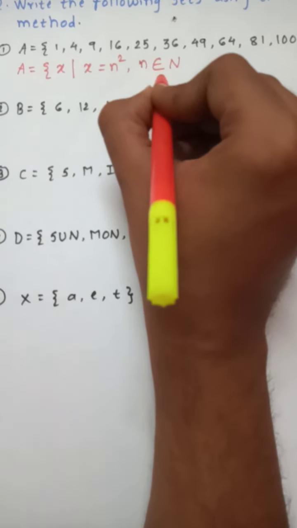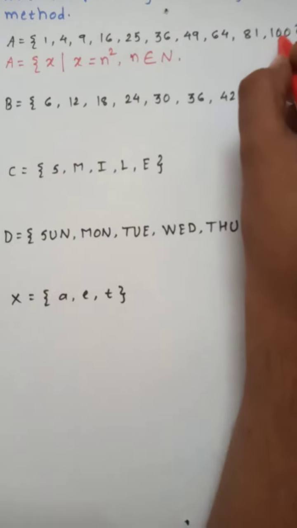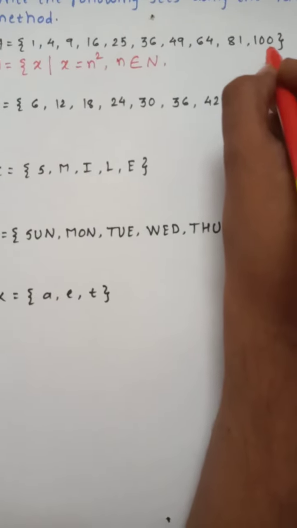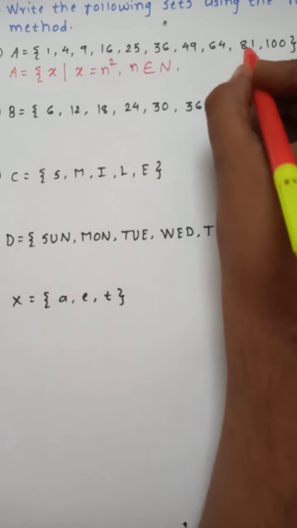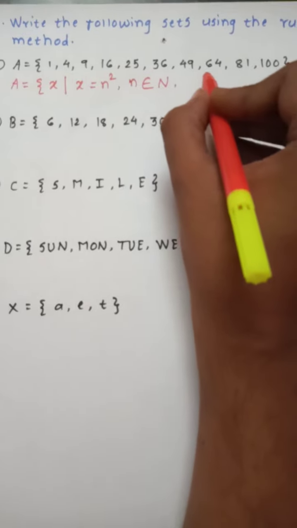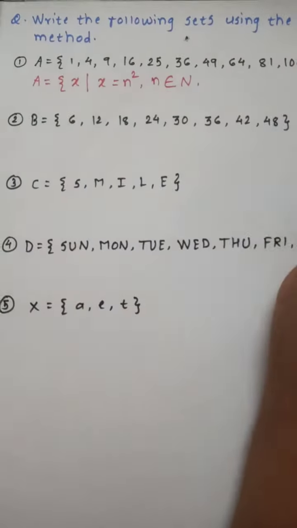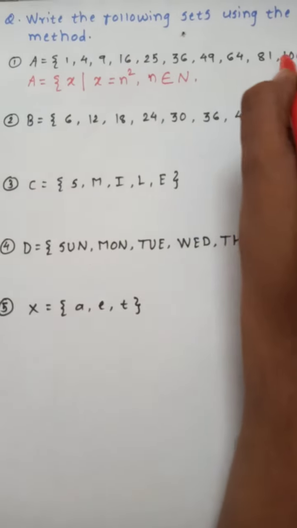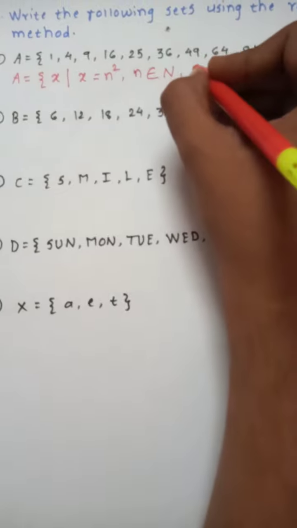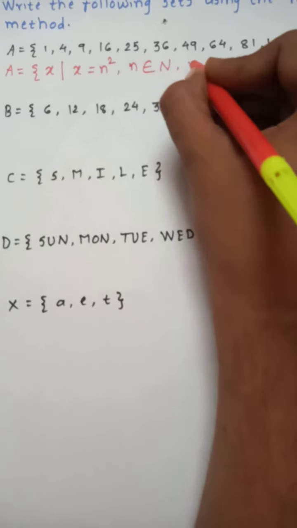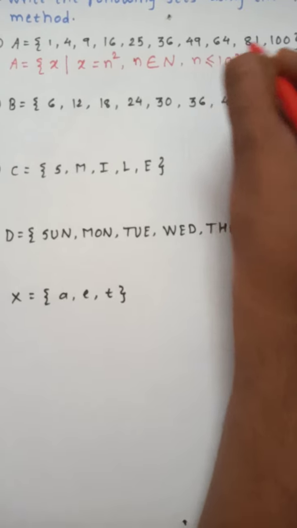This sign is called belongs to. Also we can see that the last number is 100, and we know that 100 is a square of 10, 81 is a square of 9, 64 is a square of 8, and so on up to 4 and 1. So the value of small n is limited only up to 10. So we can say that small n is less than or equal to 10.